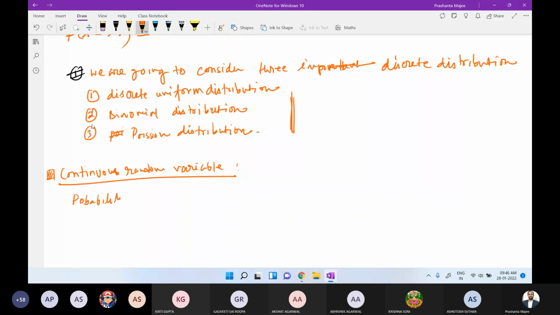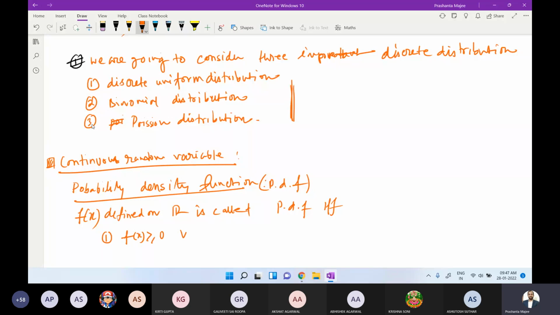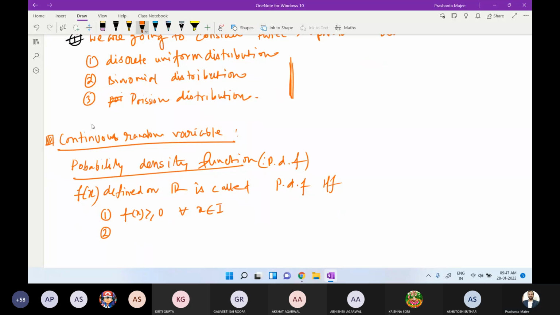A function f of x defined on R is called a probability density function, PDF, if and only if these two conditions are satisfied. f of x should be greater than or equal to 0 for all x belonging to that interval I, and second, the total area under the curve should be 1.